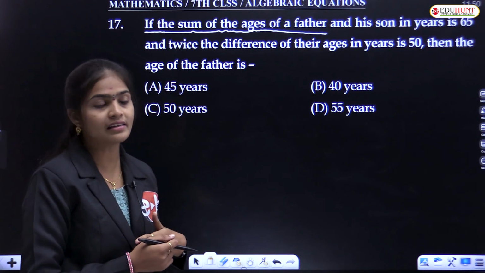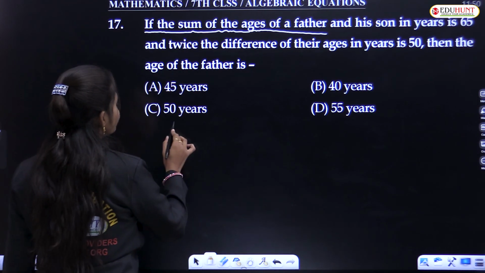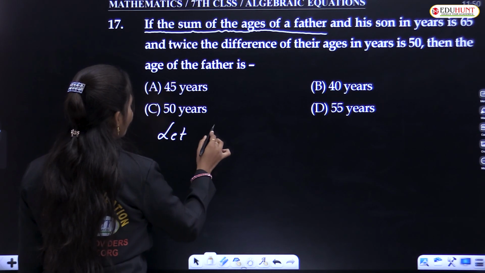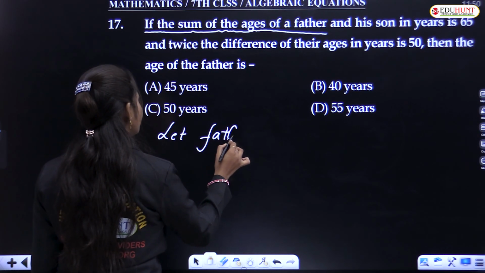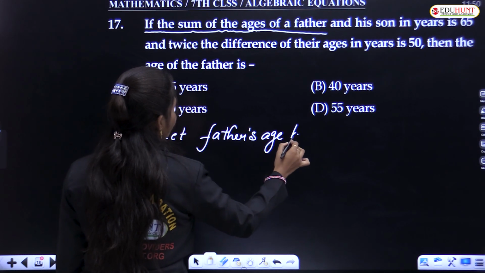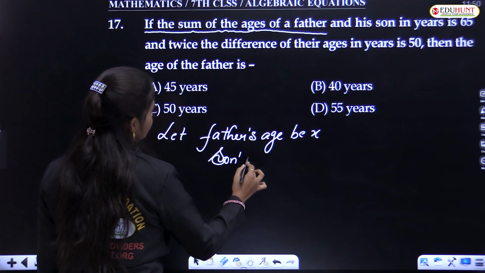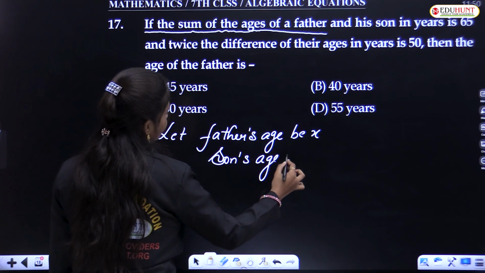That's why I told you to read clearly. So what is given? Let the father's age be x, and the son's age be y.